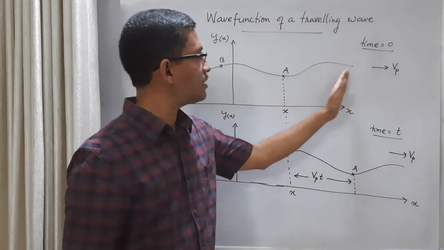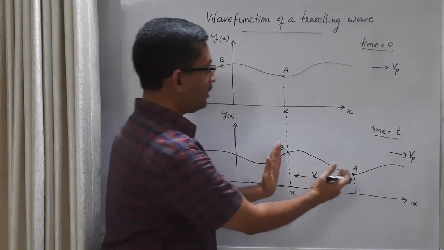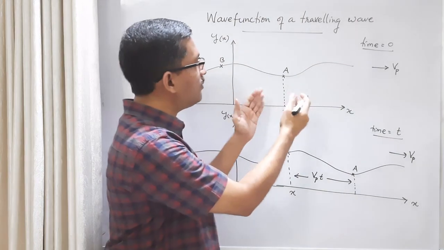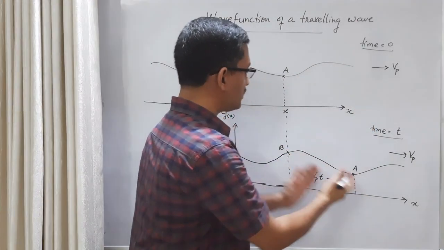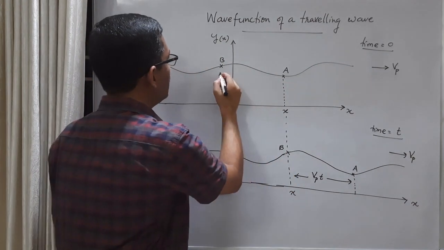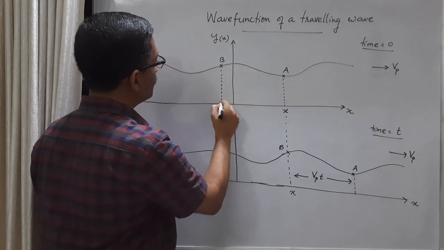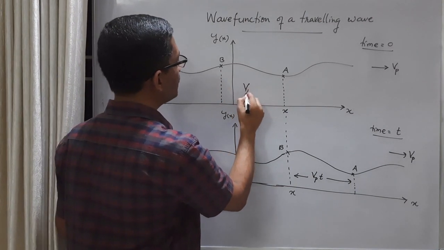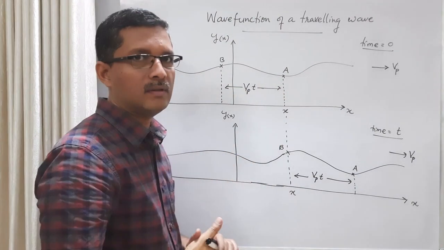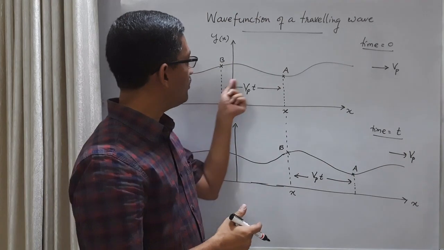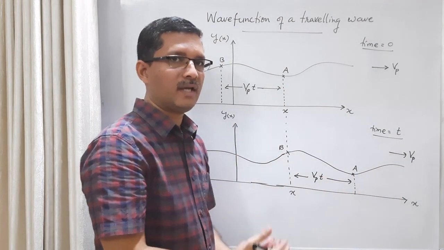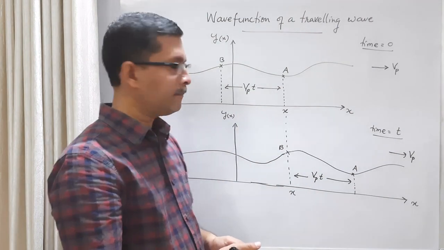So if the difference between A and B is Vp into t, it must be Vp into t earlier also. So point B must be behind A by the distance Vp into t. This is clear? By the time t, point B has advanced this much distance, point A has advanced this much distance. So the difference between A and B is this.